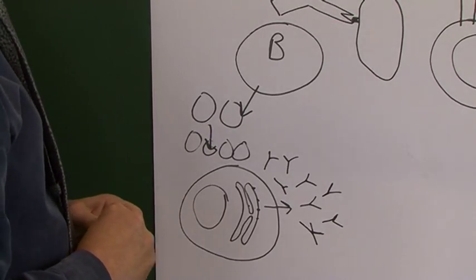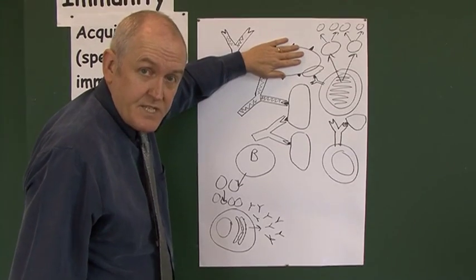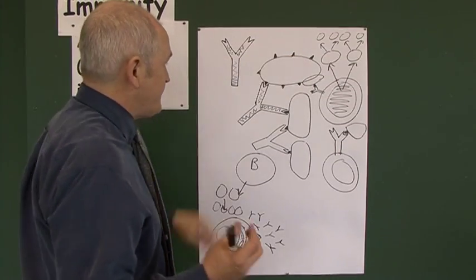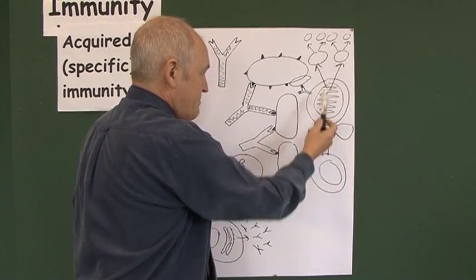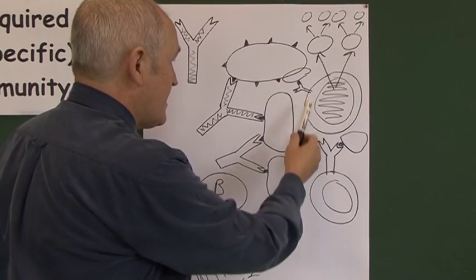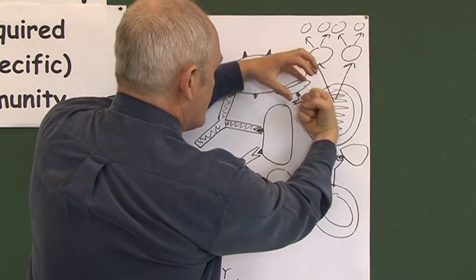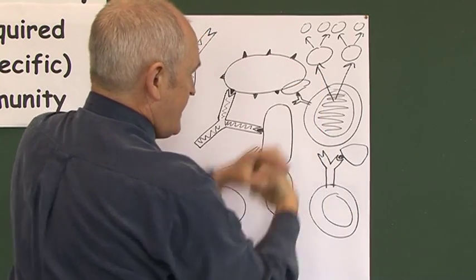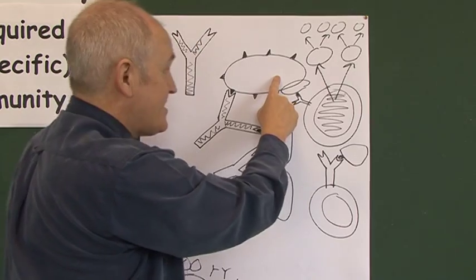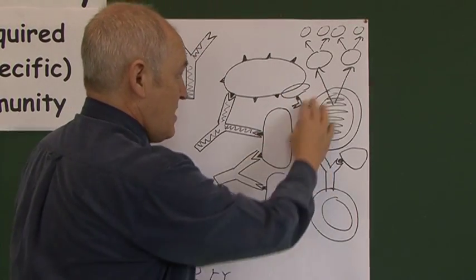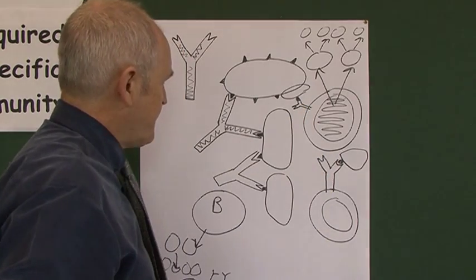So let's just review that. Antigen comes into the body with a particular epitope on its surface. That's recognised by a very small population, maybe only 1, 2 or 3 B cells, with an antibody on its surface which happens to be reciprocal to that antigen. This particular antibody is able to combat this particular antigen, but we've only got a couple of cells in the whole body maybe with that particular shaped antibody.